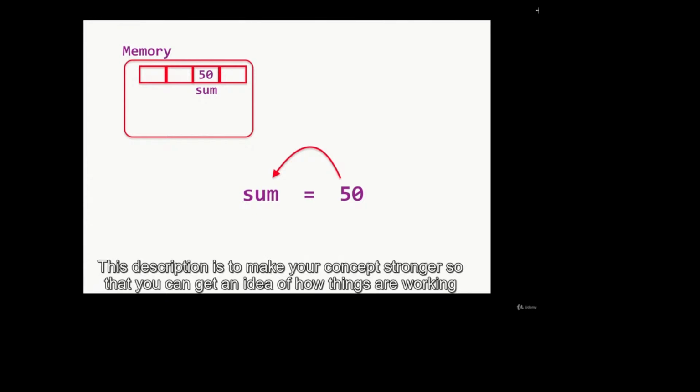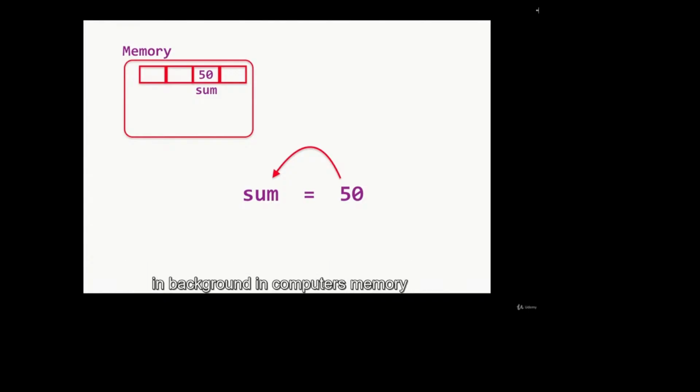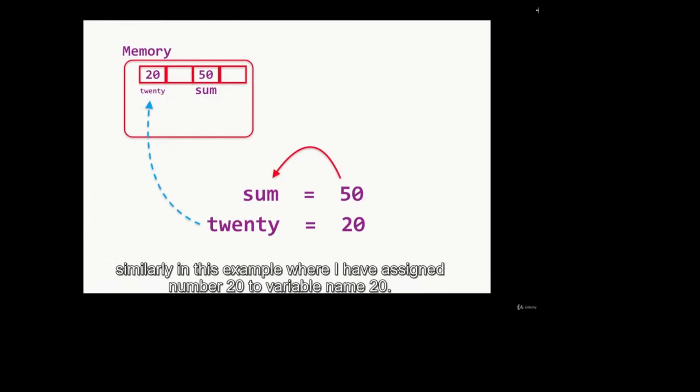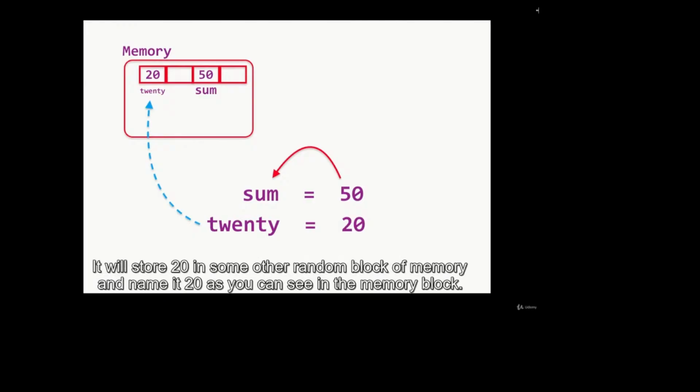This description is to make your concept stronger so that you can get an idea of how things are working in background in computer's memory. Similarly, in this example, where I have assigned number 20 to variable name 20, it will store 20 in some other random block of memory and name it 20, as you can see in the memory block.